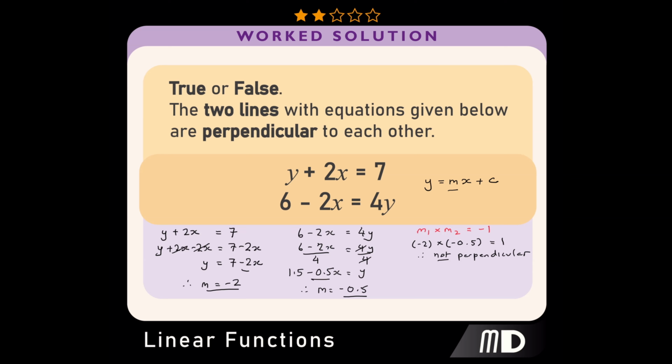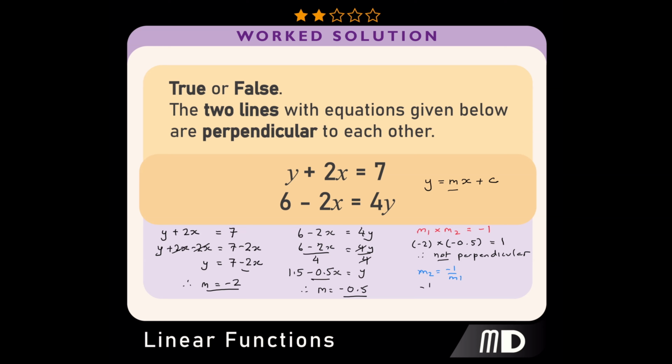Now, a second method is to take the gradient of one of these two lines and find out the gradient that would be perpendicular to that gradient and see whether that's the gradient of the second line. So let's begin with minus 2. In order to find out the gradient of the line perpendicular to a line with the gradient minus 2, we write it in the form minus 1 over m.